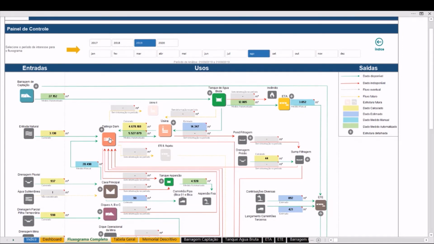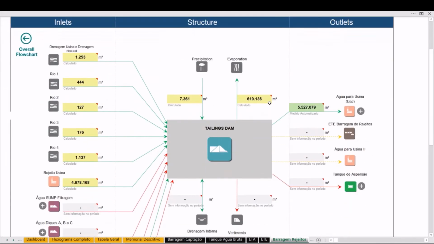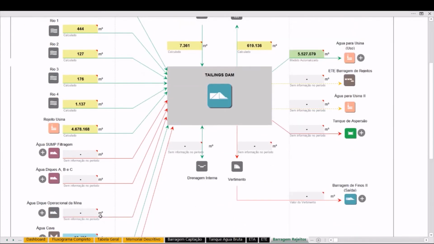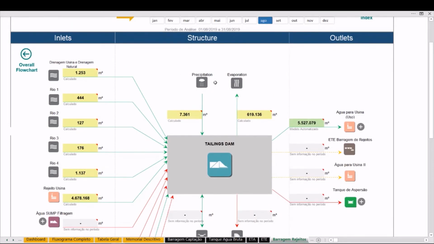And for example, if I want to see specifically the flowchart for the tailings dam, I just click here, and here I have the flowchart more detailed for the tailings dam. So I have here all the entries, all the inlets for the tailings dam, and I have precipitation information here. I have evaporation, and I have all the outlets here.